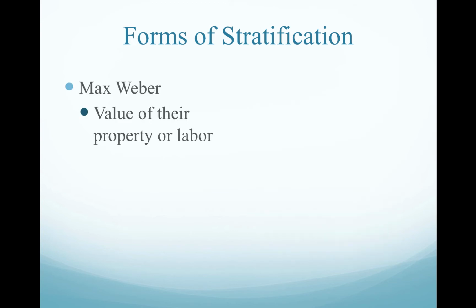Max Weber's concept of class is based on grouping people according to the value of their property or labor in the commercial marketplace. So things that we would use instead of just income or wealth would include status, value of possessions, and the type of labor a person performs. In addition, it can be difficult to define class because the terms mean different things to different people, and because people don't always fit neatly into just one category.